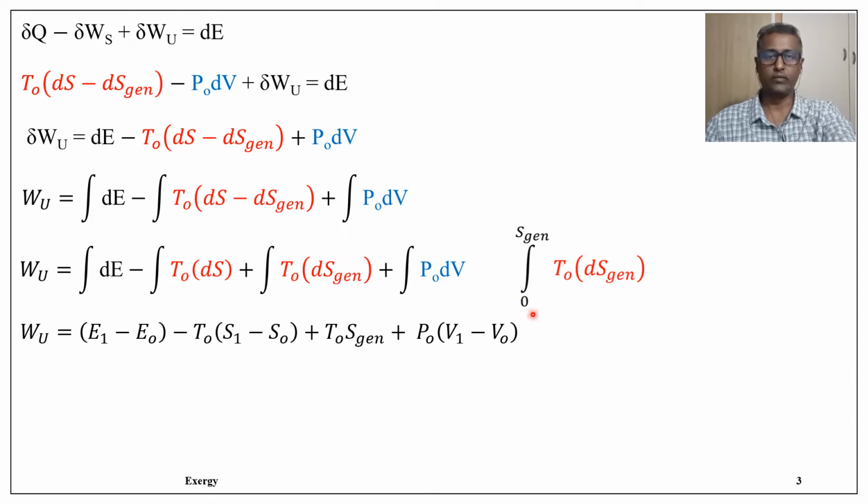So zero for the lower limit and entropy generated for the upper limit yields T0 times entropy generated. So the lower limit is 0. That's why we get only one term for entropy generated. What is this W suffix U? It is the useful work.